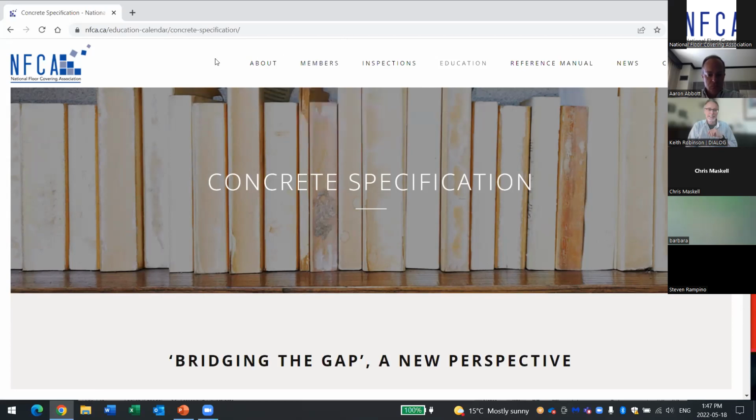I would comment that you had a couple of great photographs, Aaron. One with the two trades that are critical to this whole gap. One being wet concrete finishing, the guy with the bull float, and then in the next slide, I think you had a guy running a shot blasting machine. He would be described as dry concrete finishing.